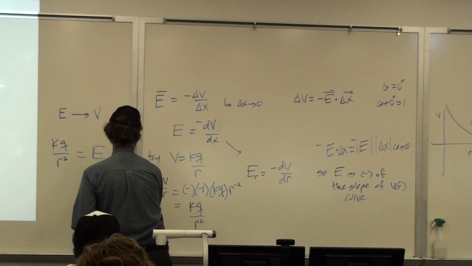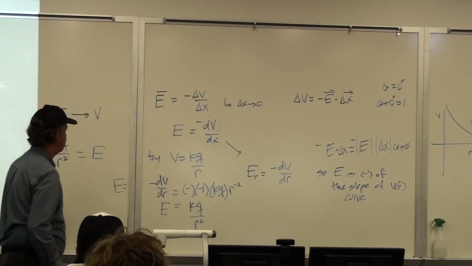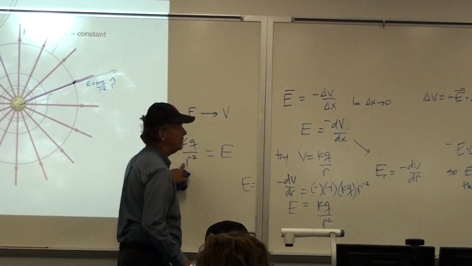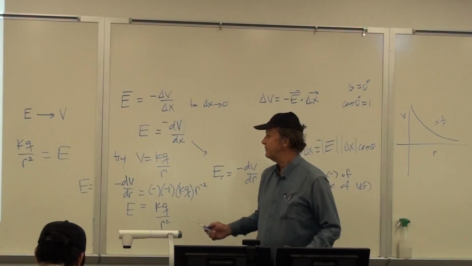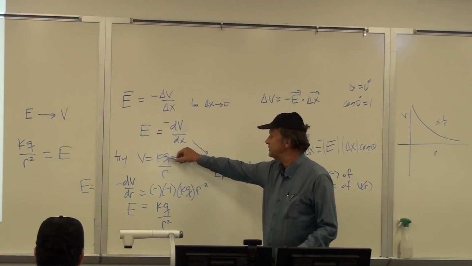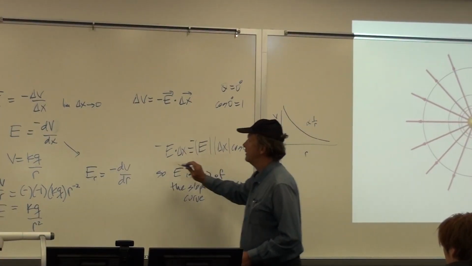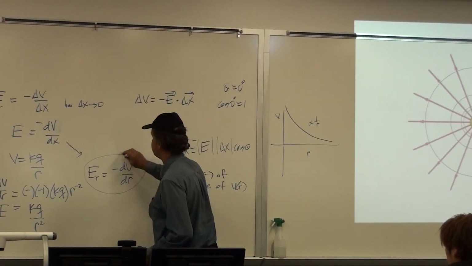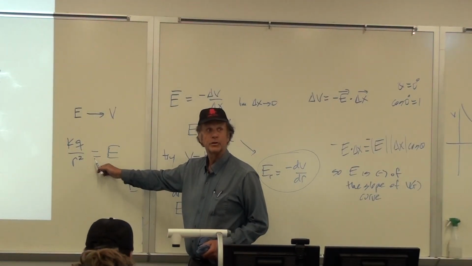So that checks out. We already showed that the electric field was KQ over R squared using Gauss's law. And so what we found here is that the voltage KQ over R is consistent with this relationship that was derived by Gauss's law. So that proves it.